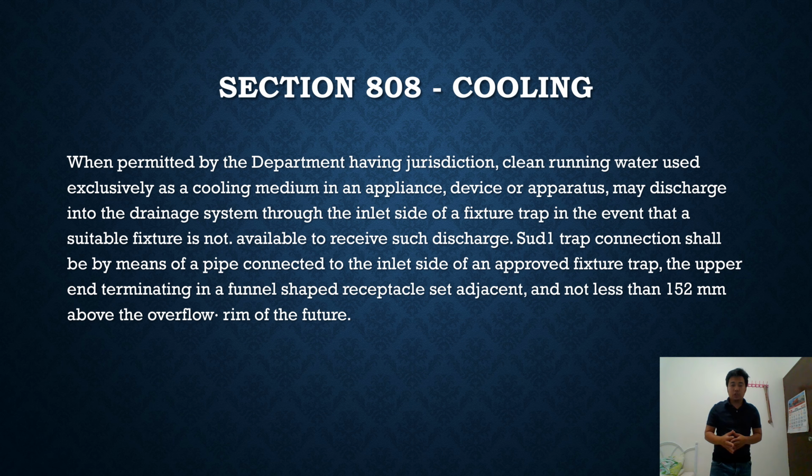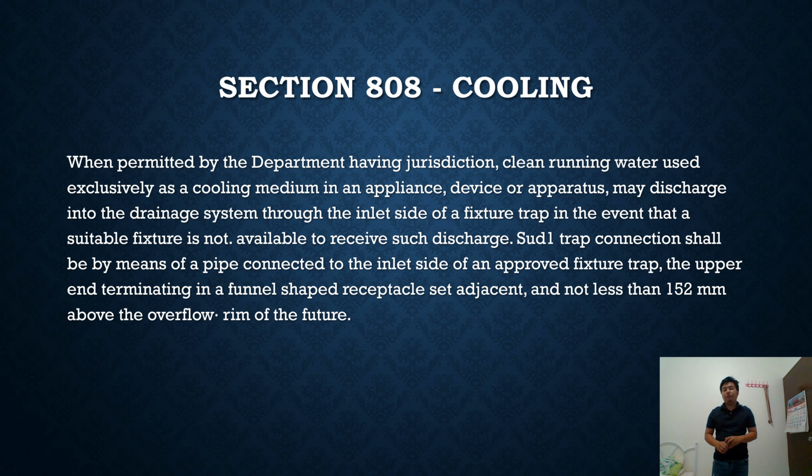Such trap connection shall be by means of a pipe connected to the inlet side of an approved fixture trap, the upper end terminating in a funnel shape receptacle set adjacent and not less than 152 mm above the overflow rim of the fixture.